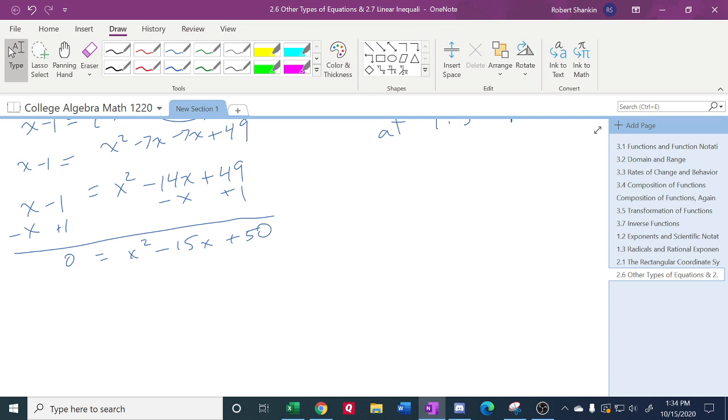If you feel like, let me try to factor it, let's see what happens, either way is fine. The two signs have to be negative because they have to both multiply to be a positive. And then we want a negative middle term. Two numbers that multiply to be 50 but add to be 15 are 10 and 5.